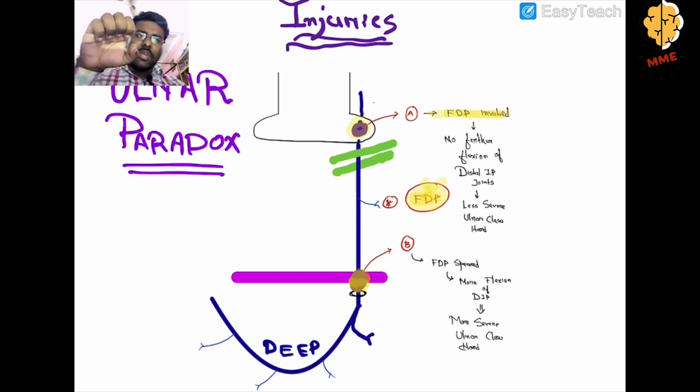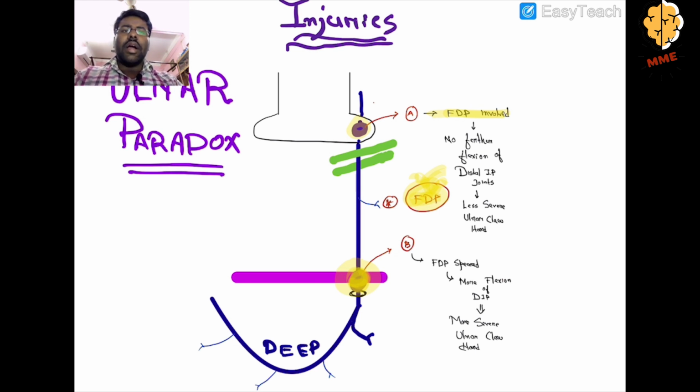If the FDP is involved, then the flexion decreases, because the function of the FDP is flexion. But in the case of a lower nerve injury, the FDP is spared, so the FDP is already flexing, and there is more severity of the injury.